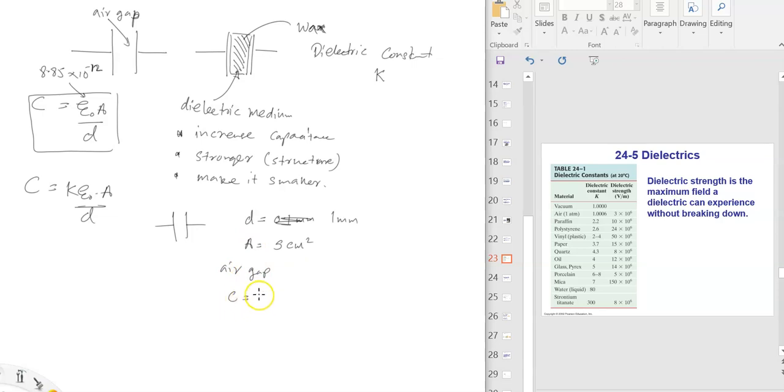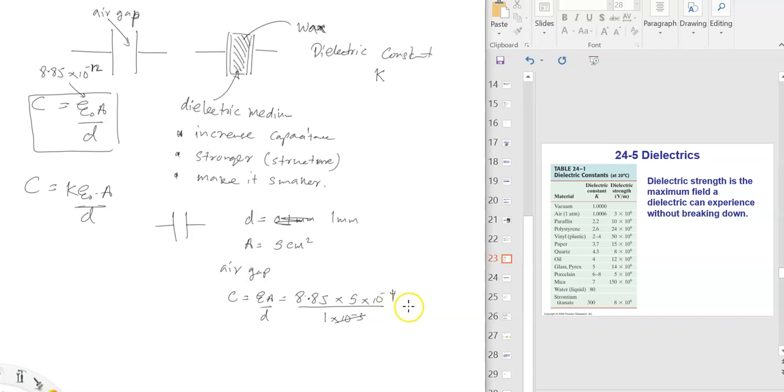So capacitance is epsilon A over D, 8.85 times 5 times 10 to the -4 meter squared. I'm going to make it meter squared, dividing it by 100 twice, 5 centimeters squared being 5 times 10 to the -4 in meter squared. D is 1 millimeter, 1 times 10 to the -3. So do the math.